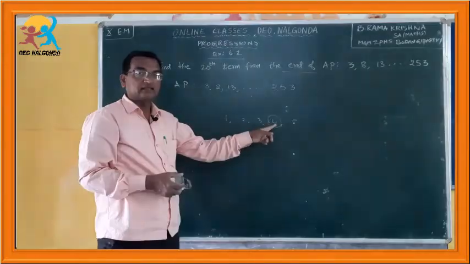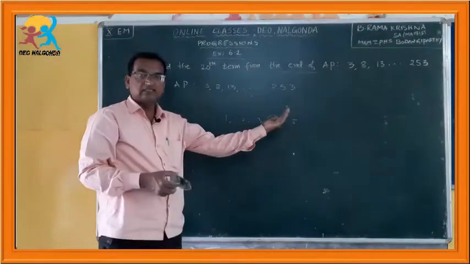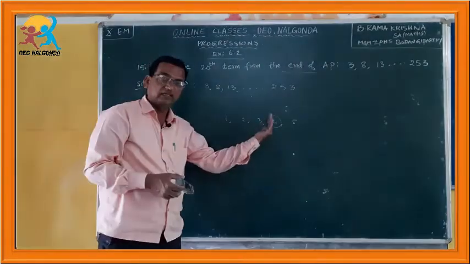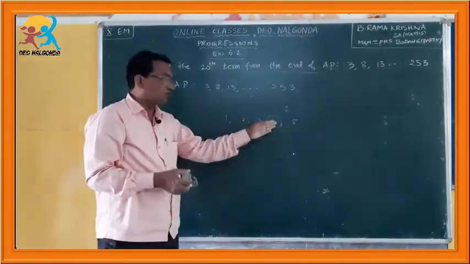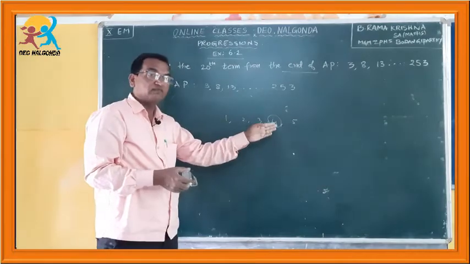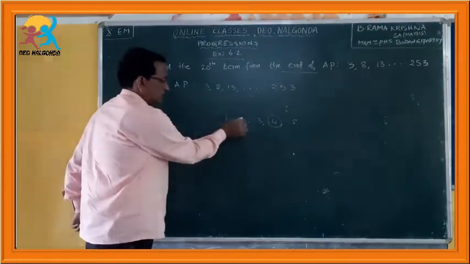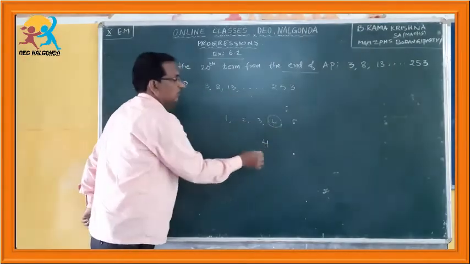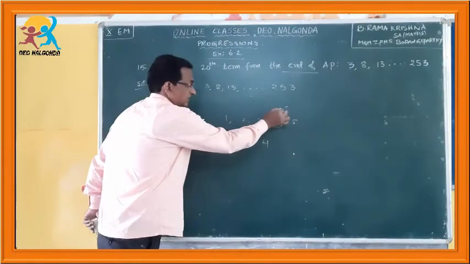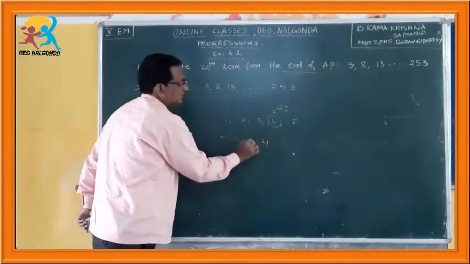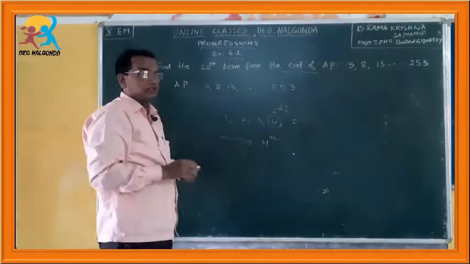Now, try to understand this. 4 is the second term from the last, but what is the number of that 4 from the beginning? See, 1, 2, 3, 4. From the last, it is the second term. From the beginning, it is the 4th term.